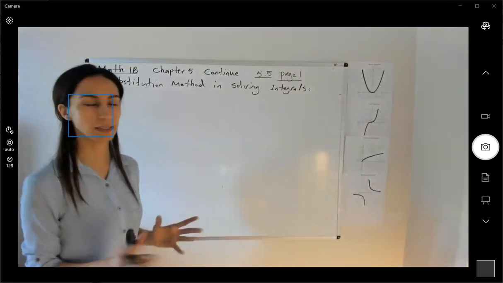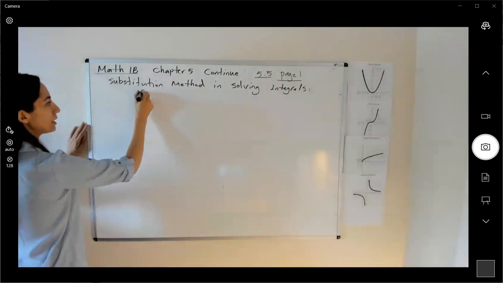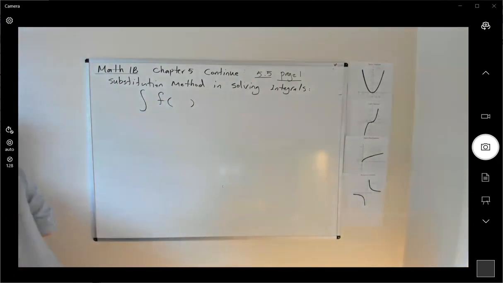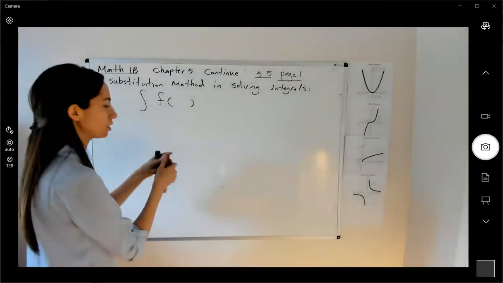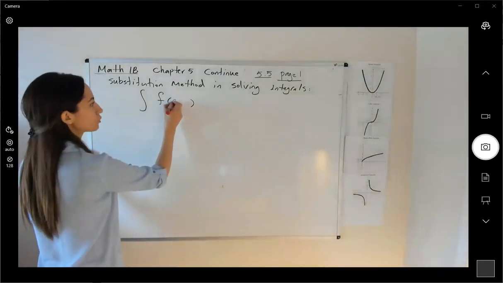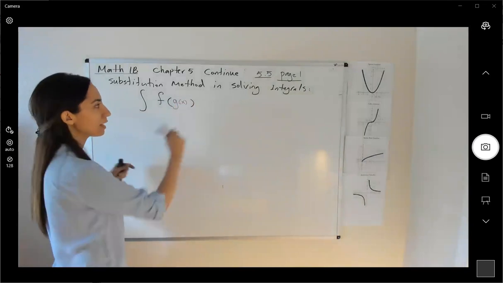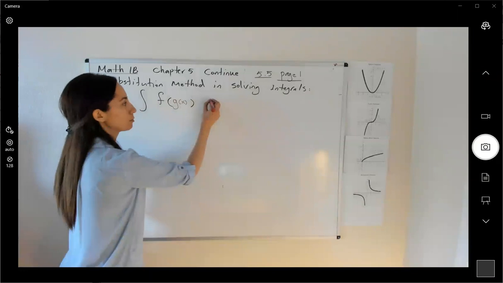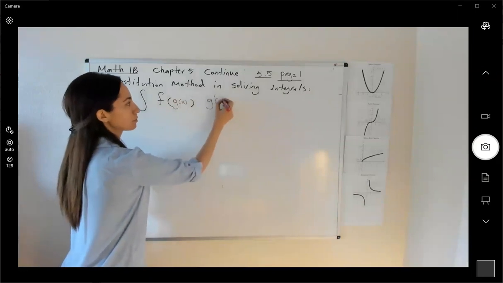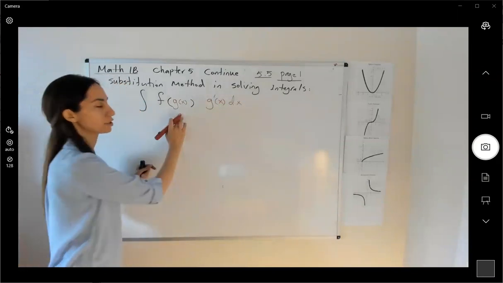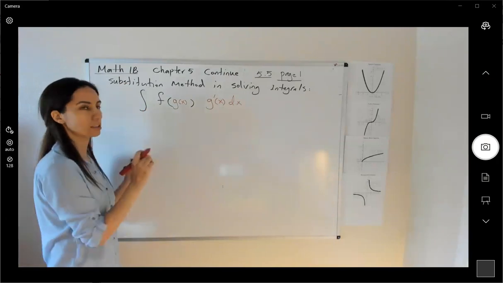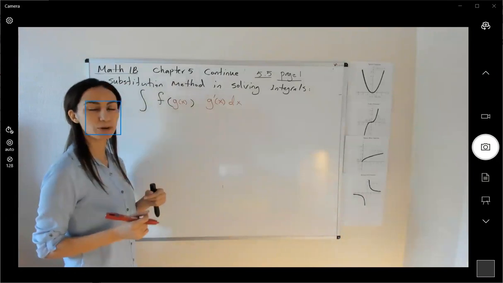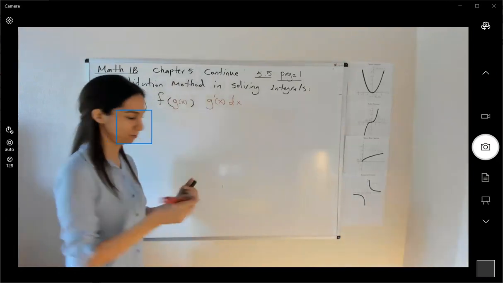So this method says if you have the integral of f of g of x, so if you have a composition of two functions, and at the same time you have g prime, the derivative of the function inside, then, if you think about it, it's actually the inverse operation of the chain rule.